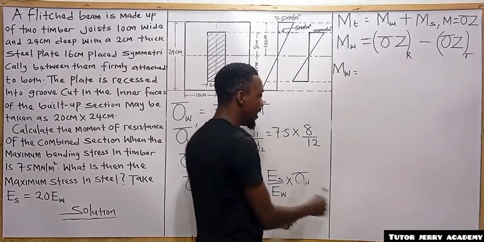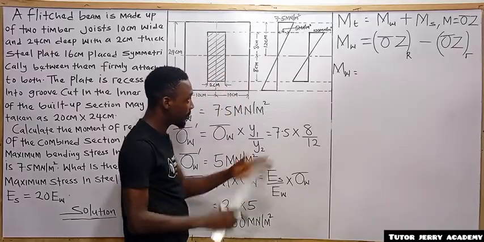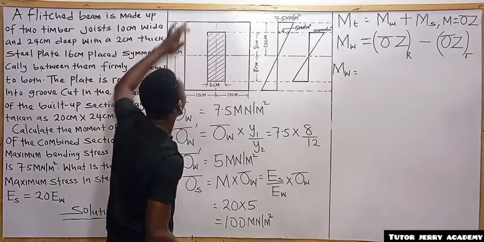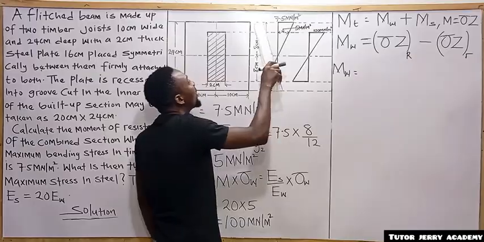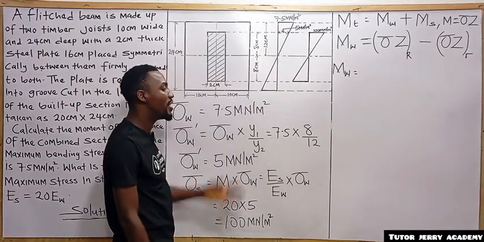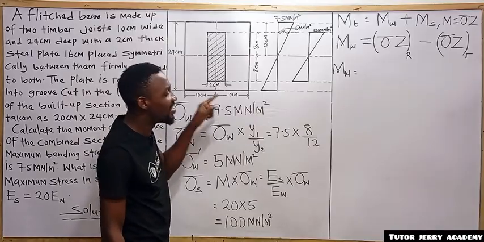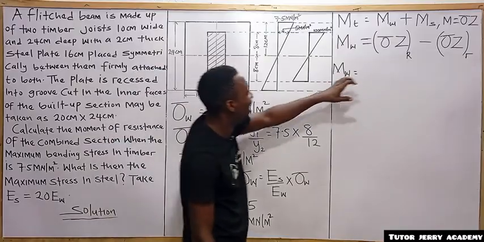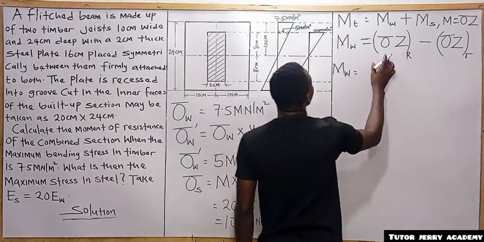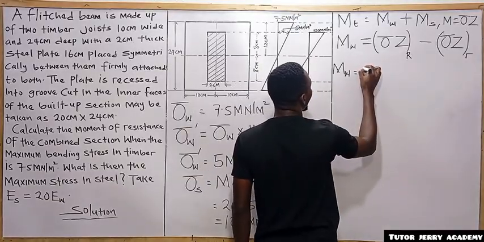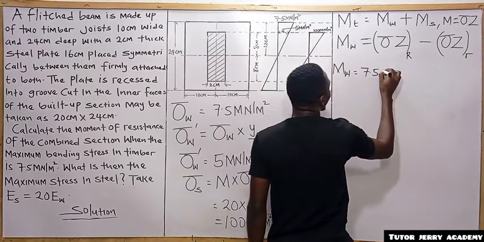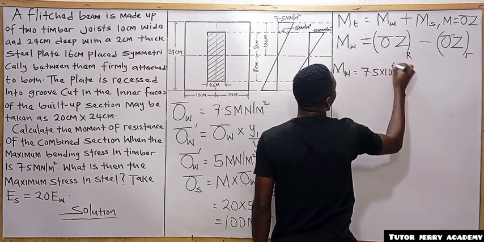We need the stress. If you trace it like this, the stress is in alignment with what we have here, which is 7.5 mega Newton per meter square. That will be the stress we use to analyze this rectangular part. So the maximum stress here is 7.5, and don't forget it is mega, times 10 to the power of 6.